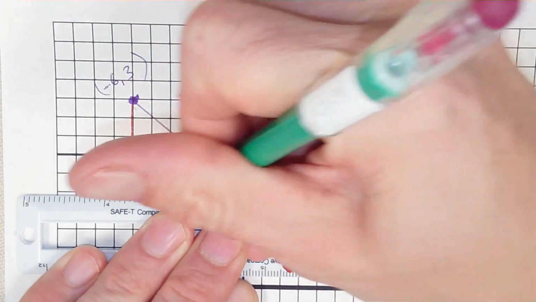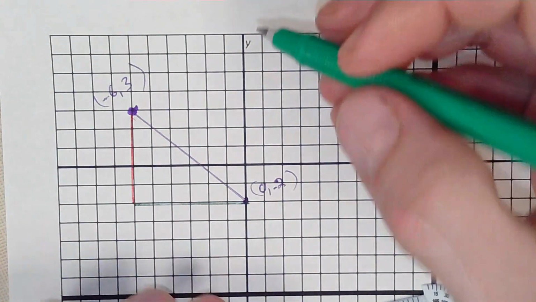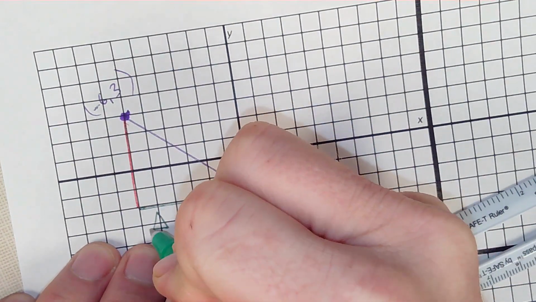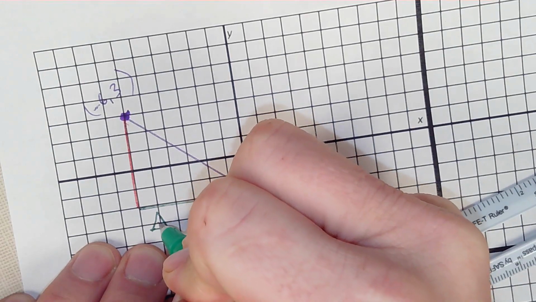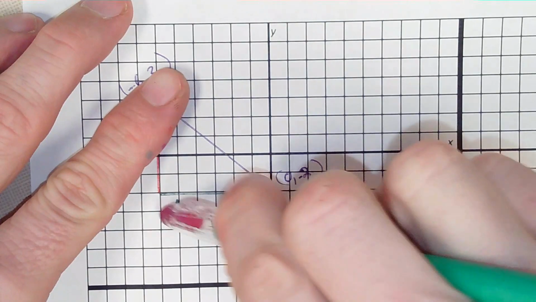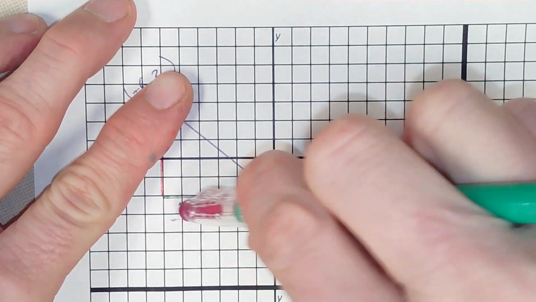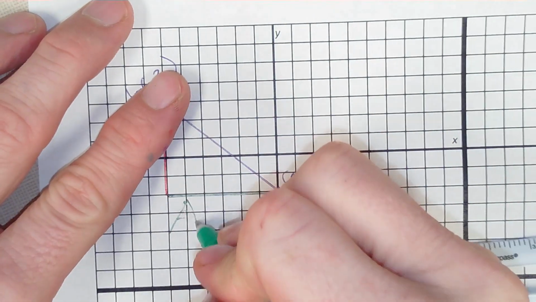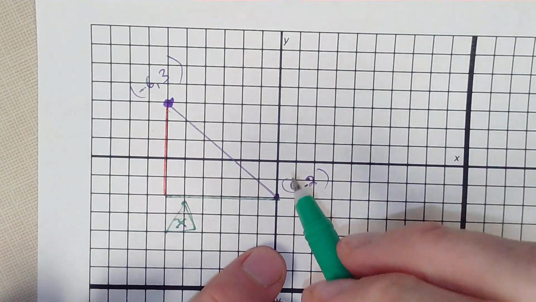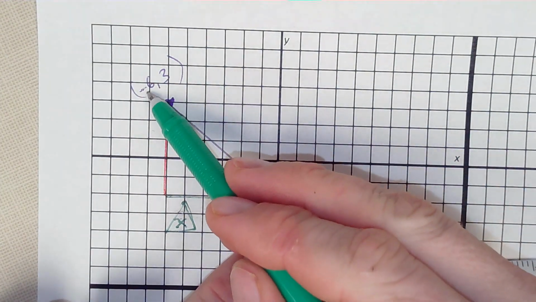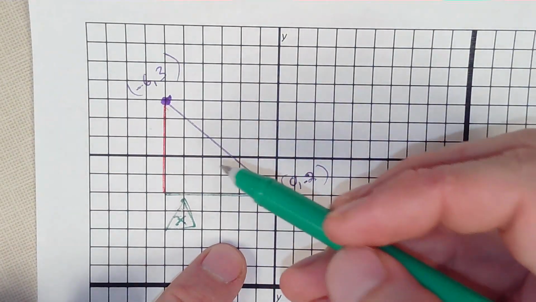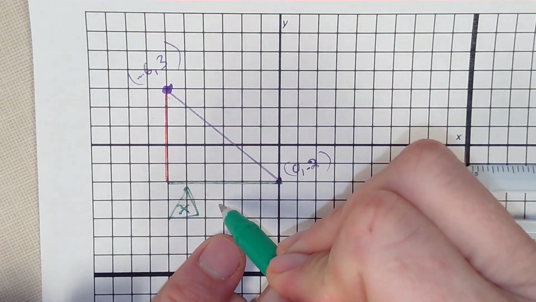I don't even have to count blocks. For my change in x, I really only need the absolute value of it. So I'll put my change in x inside my absolute value. The absolute value of my change in x is 0 minus -6, which is 6.